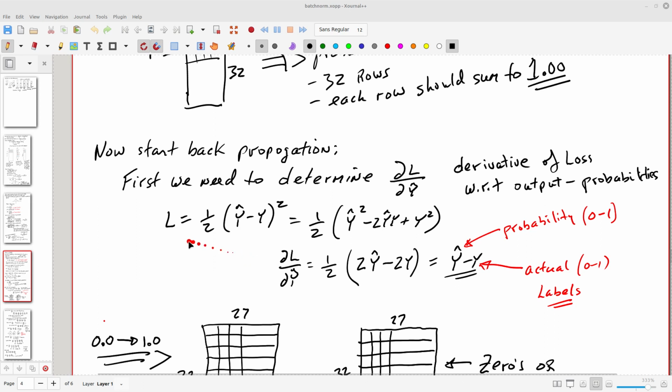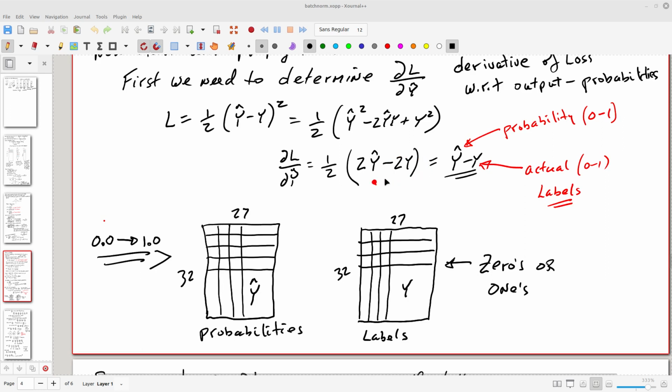So the formula here, I say loss is 1/2 (y predicted minus y) squared. And if you differentiate that, dL/dy predicted, you end up with this over here. Basically just y predicted minus y is what we get.